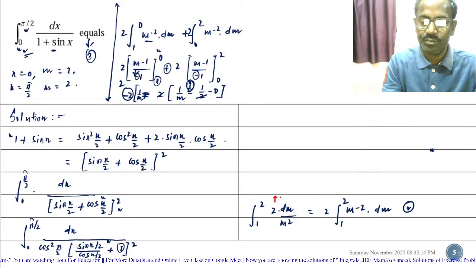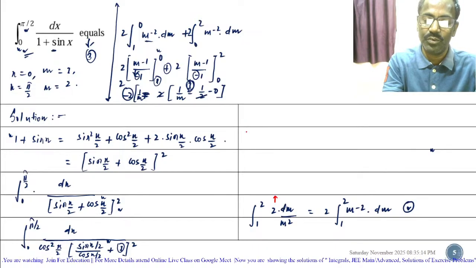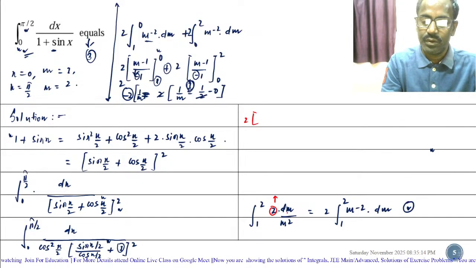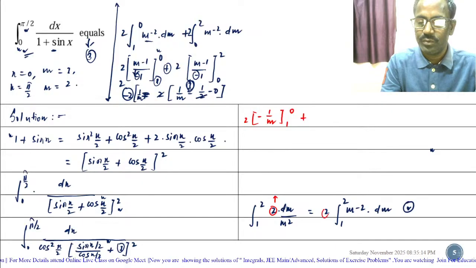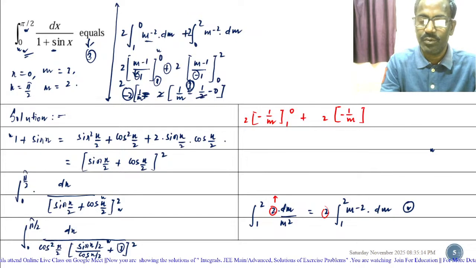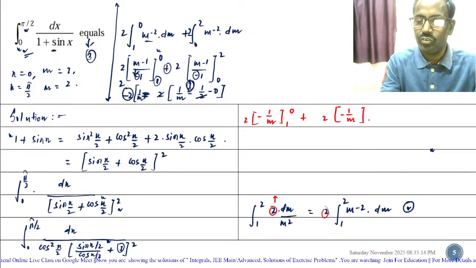So from this step, the integrals of this one will be, we write these two, and the integral of this one will be 1 by m, or minus 1 by m, from 1 to 0, plus we write 2 and 1 by minus 1 by m, from 1 to 0 and 0 to 2.